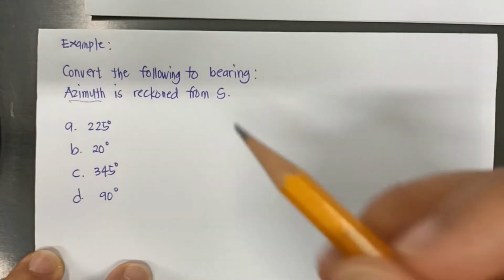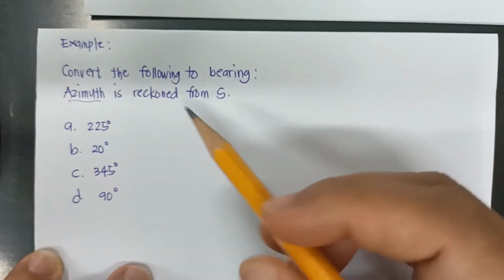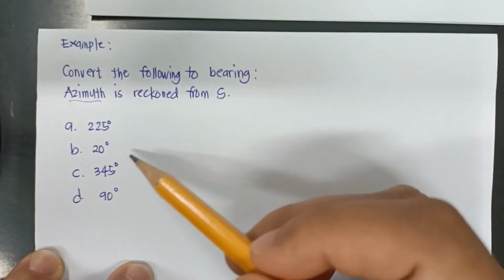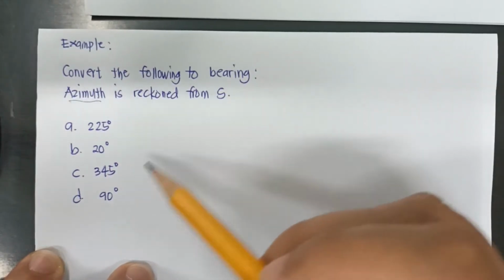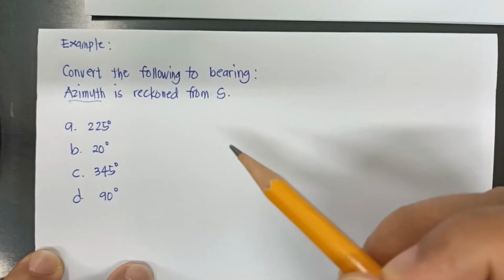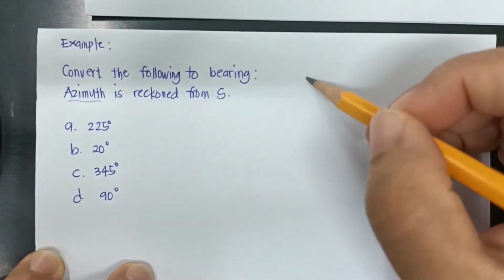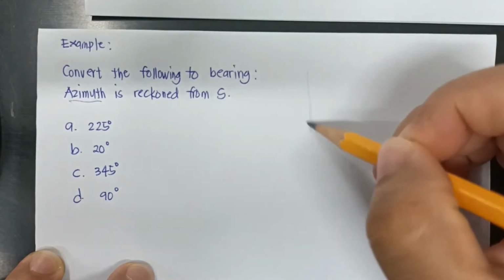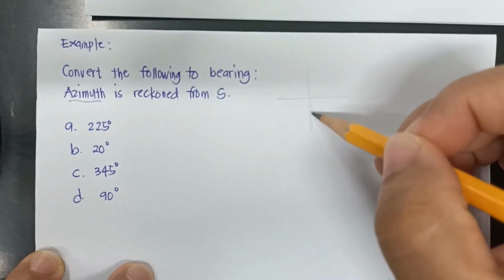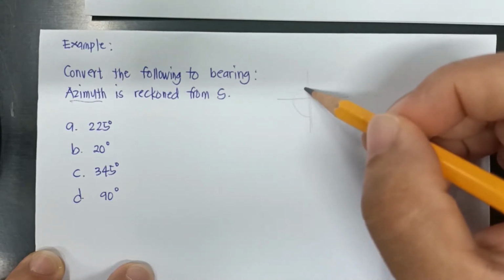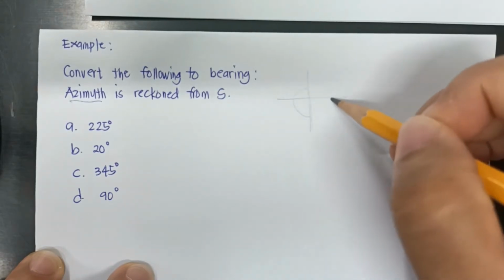Let me first mark where these azimuths are, or what the direction of each line is, and in what quadrant. This is 225. From here, that is 90, to that is 180, and this is 270.